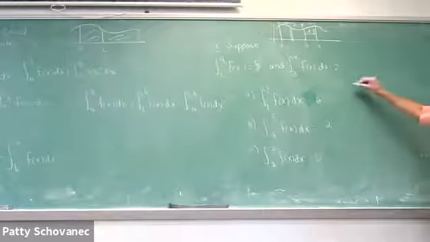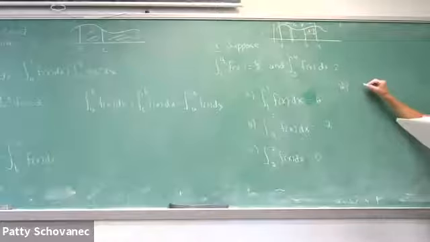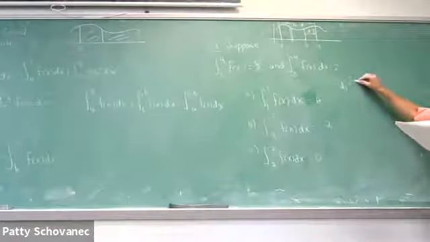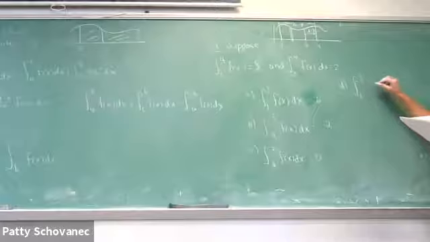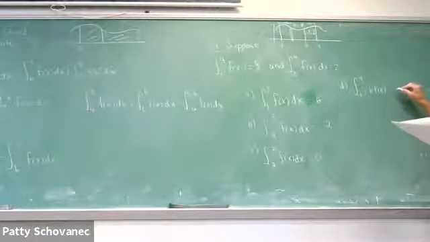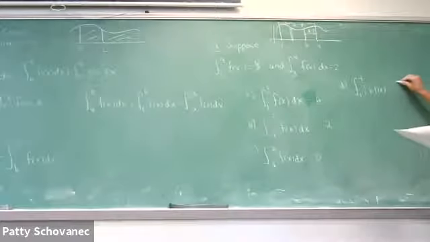All right, so part D, how about the integral from 1 to 4 of 6 times f of x minus 5?